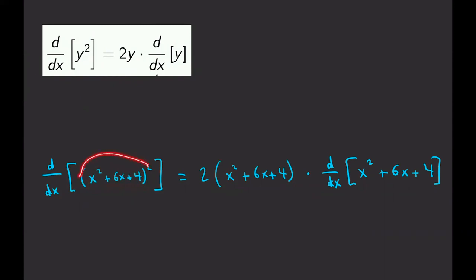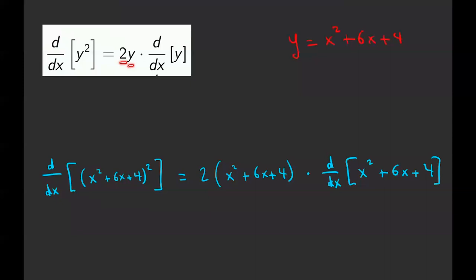And so it's very easy to see, hey, drop the 2, subtract 1, chain rule that. But here, it's the same thing. It's just that instead of writing out x squared plus 6x plus 4, I'm just going shorthand. I'm just writing y. So I've got y equals x squared plus 6x plus 4. But instead of writing that all down here, I'm just writing y right there.